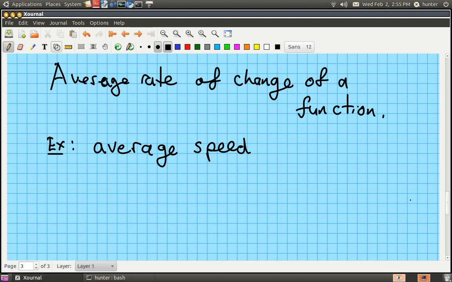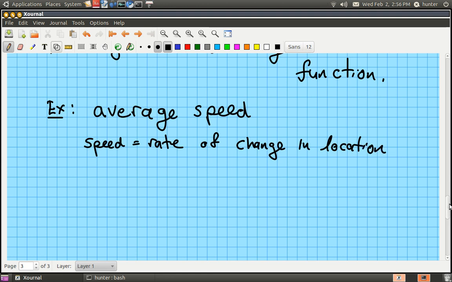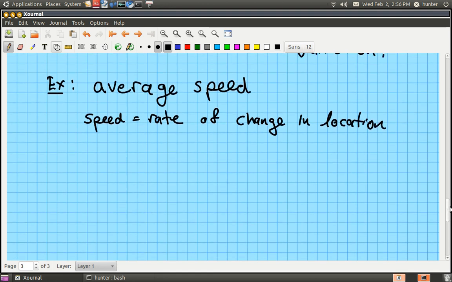Remember, what is speed? Speed is the rate of change in location. So speed is just an example of a rate of change, and it's one that we're really familiar with.